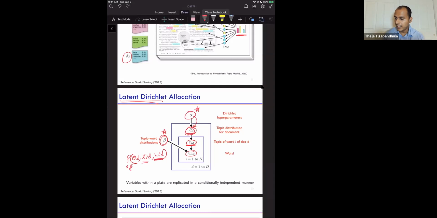Now, if a document w_id is given, and I know alpha and beta, I know the joint distribution parameters, so I can tell you the most likely topic distribution and the most likely assignment of word locations to topics. We generally don't care about the latter. All I'm saying is we can compute theta d given w_d, the probability of theta d given all these words, if I know alpha and beta.